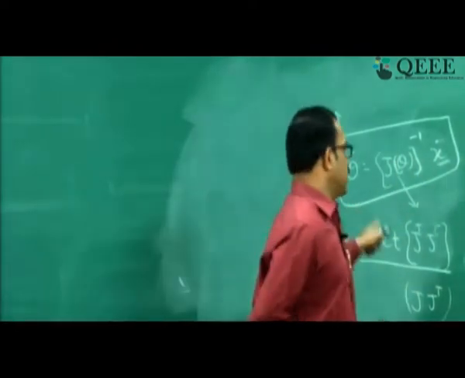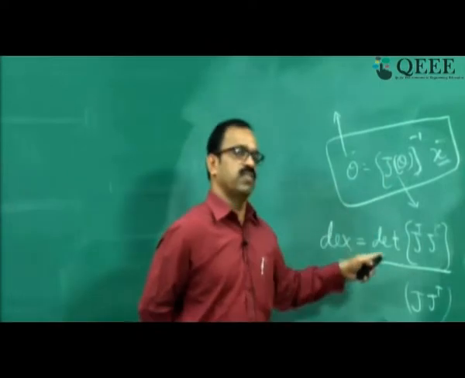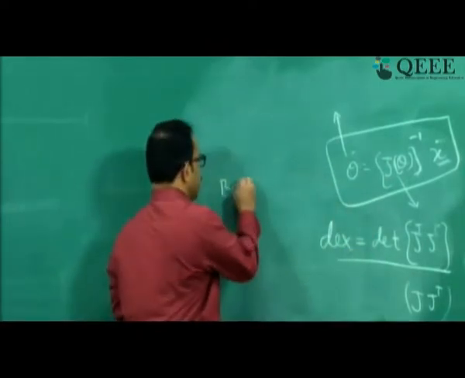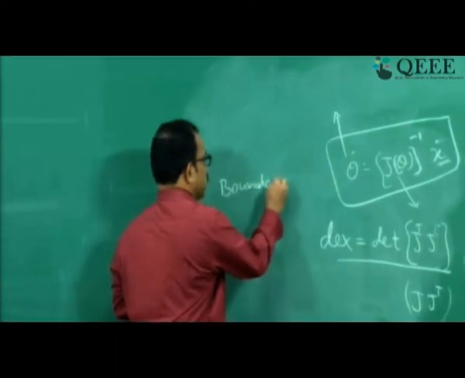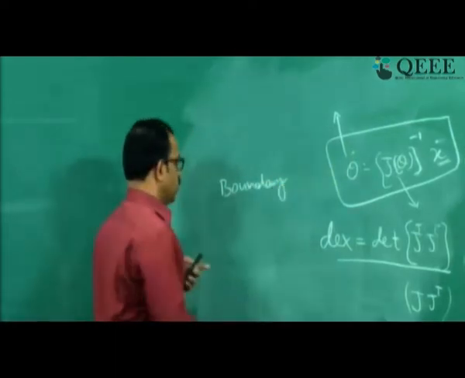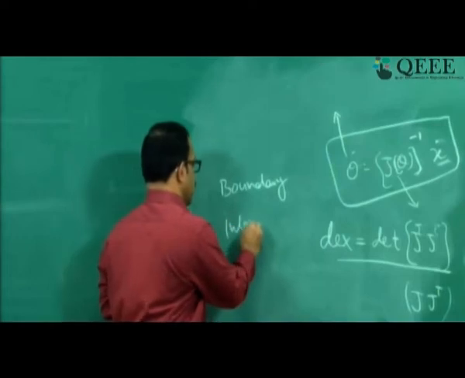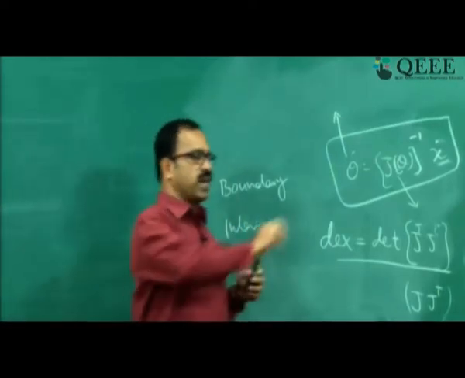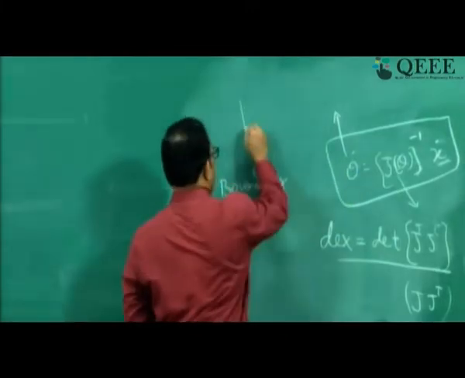And this is actually inside the workspace, and there are two kinds of singularity. One is known as the boundary singularity and the other is known as the interior or workspace singularity. Boundary singularity is when the robot has already reached its end.